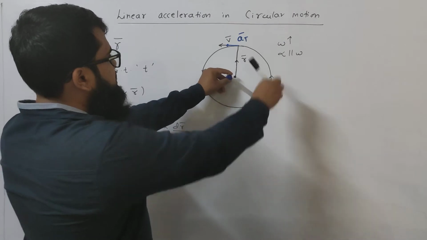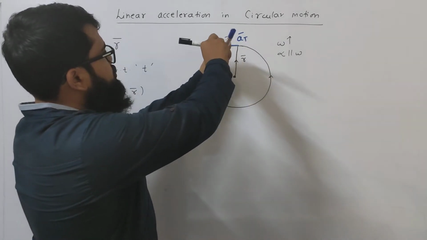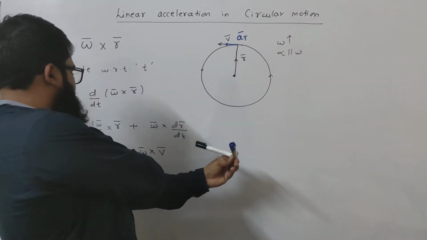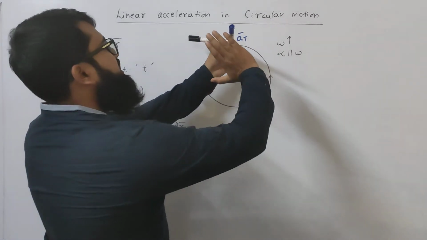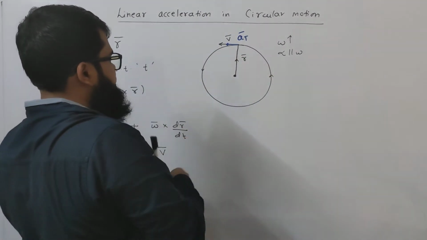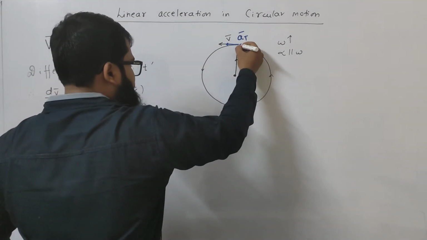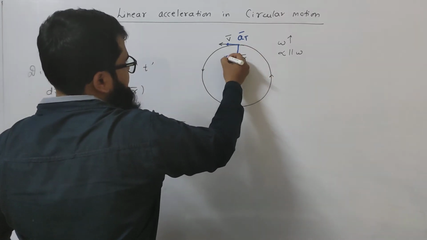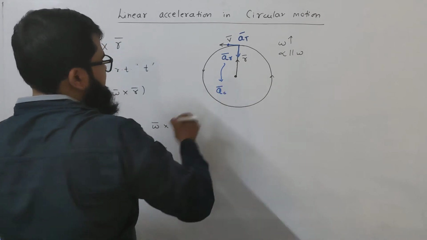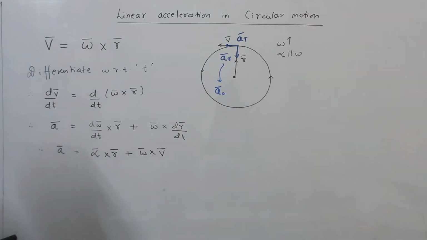Where is v? V is here. We have to take the cross product of both of them, omega cross v. Omega cross v gives you the radial direction, radially inwards. So the direction of the other component of linear acceleration is radially inwards. We call it radial acceleration or centripetal acceleration. Why? Because it is towards the center.